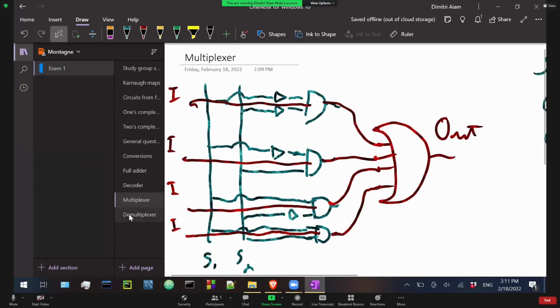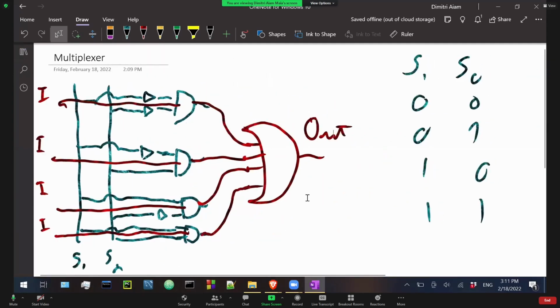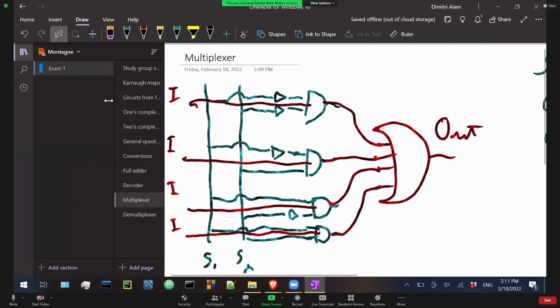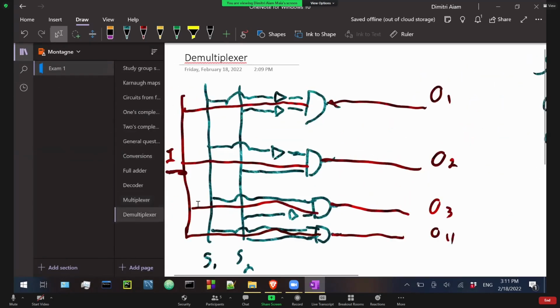Got it. That's why he told us to just remember one or the other. If you know the multiplexer, the demultiplexer is basically the inverse. You see multiple inputs here and one output, and the other one's literally flipped: one input, multiple outputs. And sometimes you can connect them. Can you see my mouse?